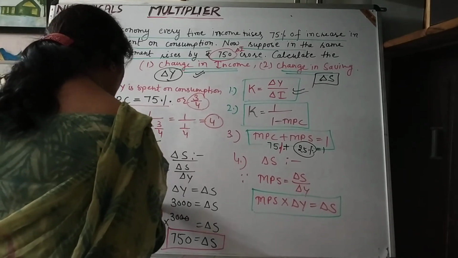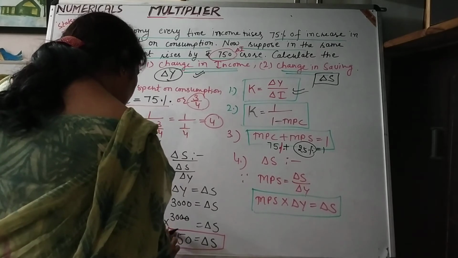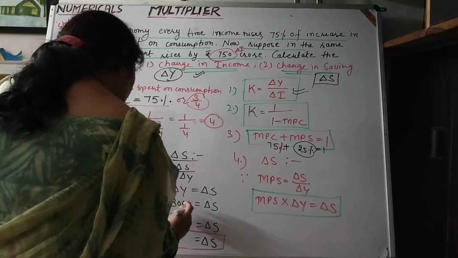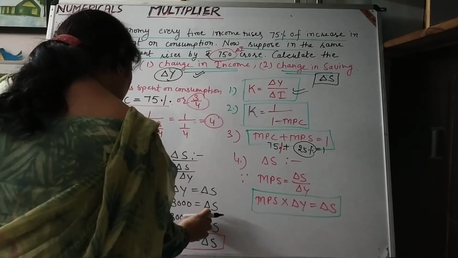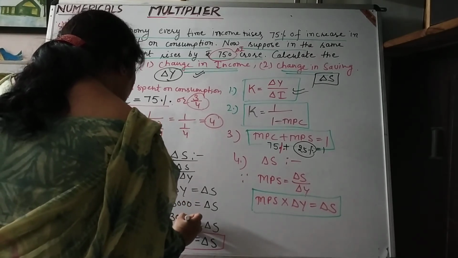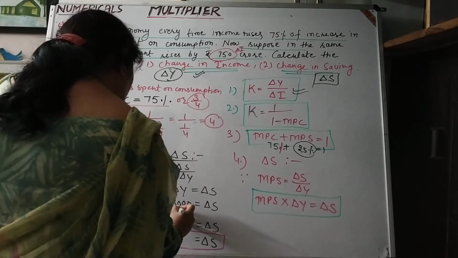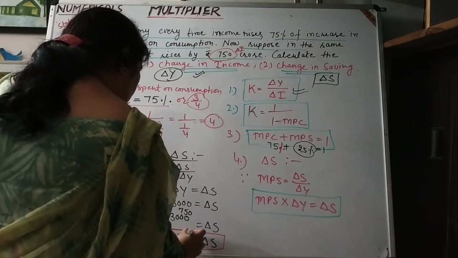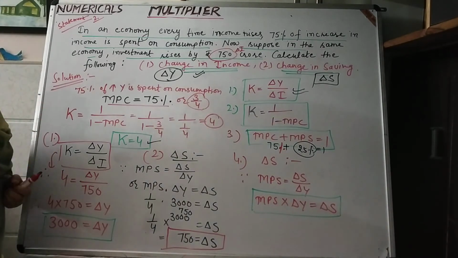This will be 1 by 4 multiplied by 3000, which is 750 as it is.